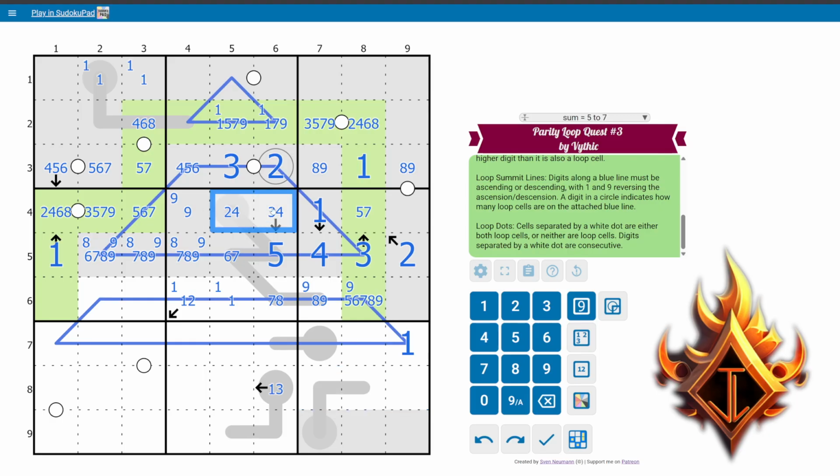Not quite making combos. 8, 9 is going to be 7, 8, 9.